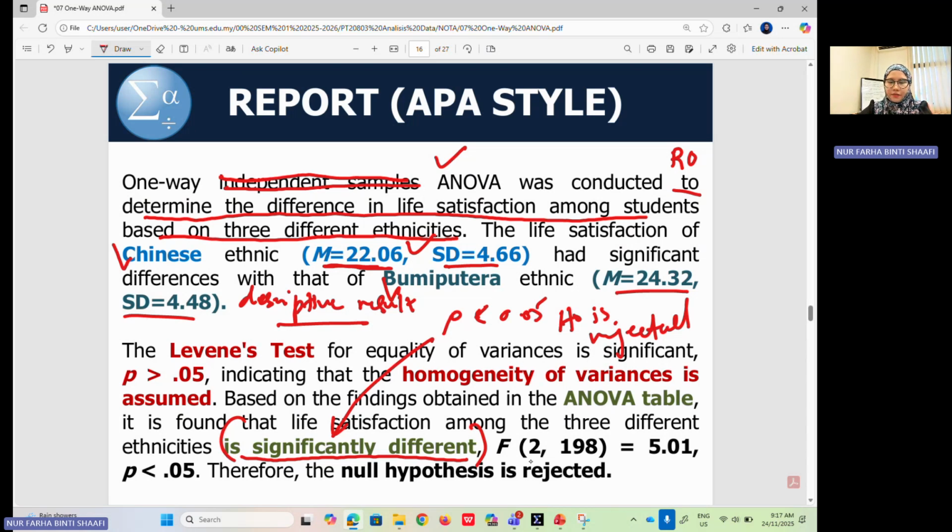Okay, so this is the format on how you write F in brackets of 2, 198. Look at your result.